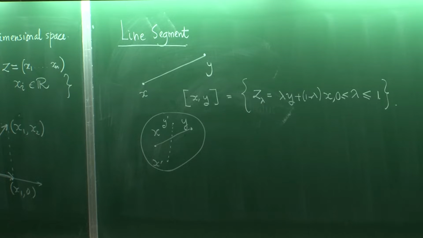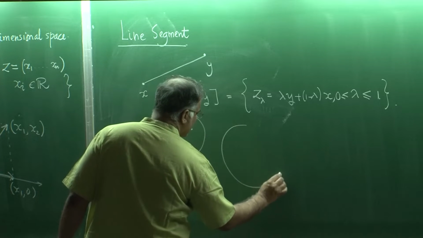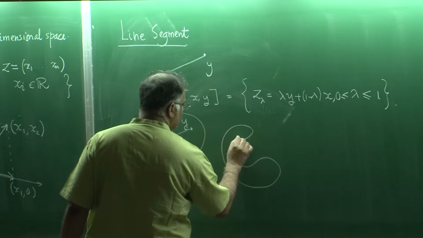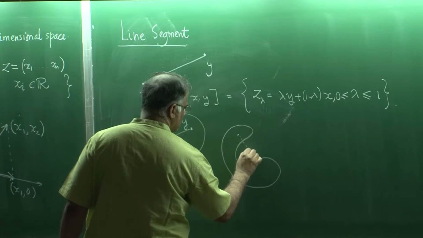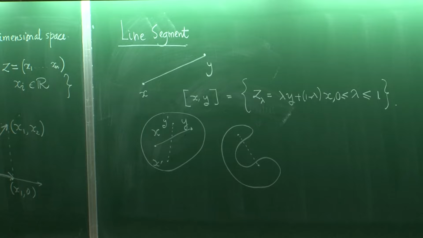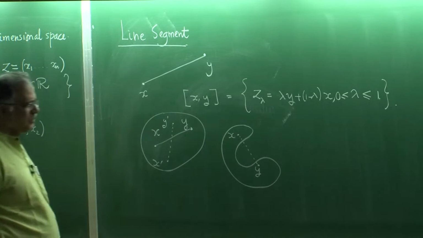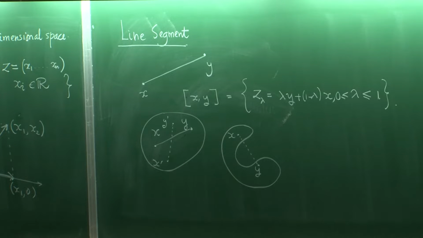For example, if a set is like this, then you see I show you 2 points x and y, which when joined by a line segment, a part of the line segment is outside the set.